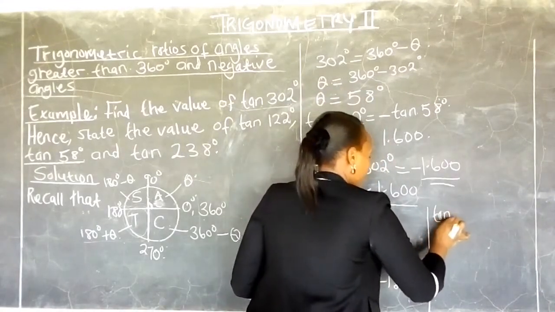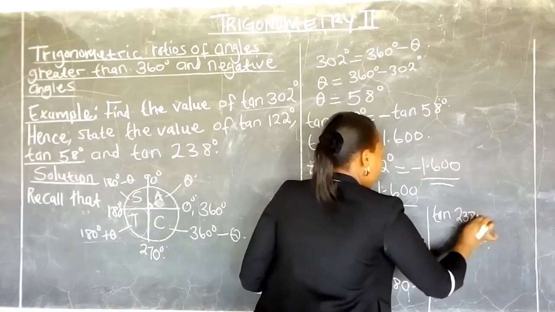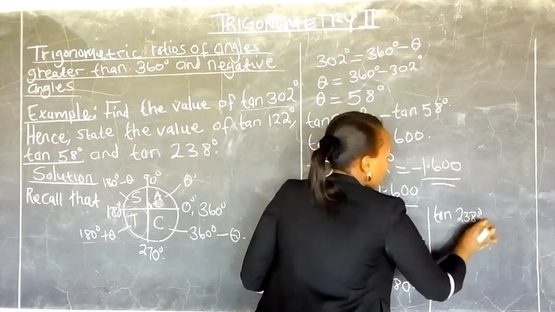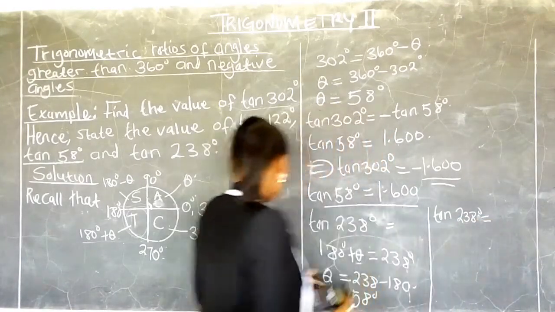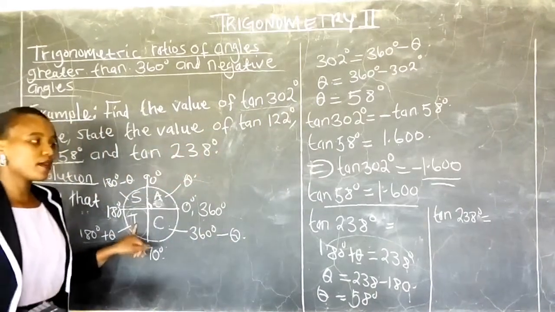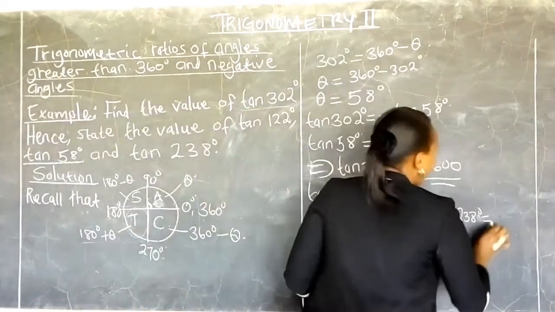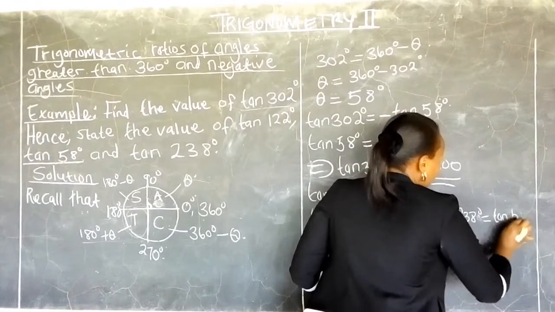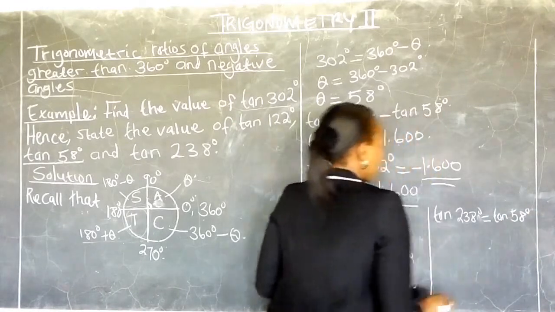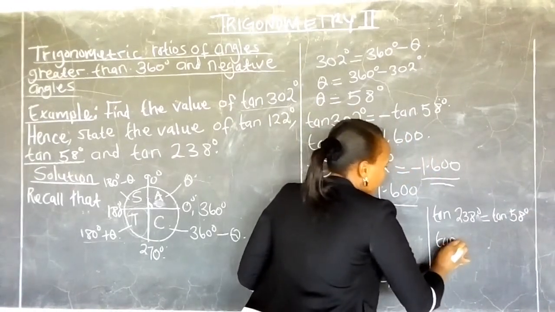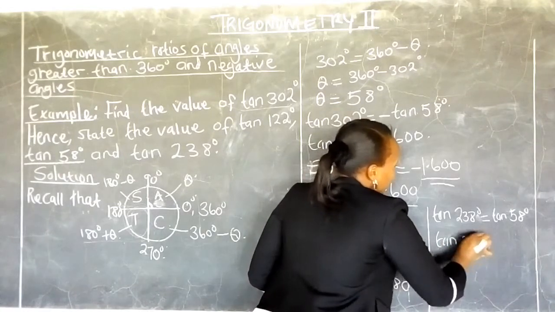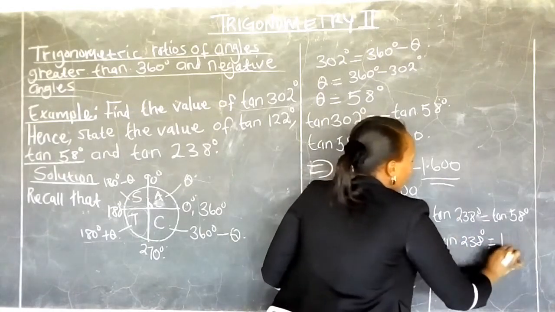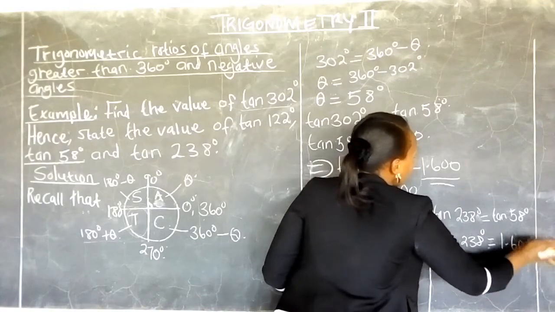Now, tan 238 degrees will be equivalent to, remember tan is positive over here, so it will be positive tan 58 degrees. Therefore, tan 238 degrees will be positive 1.600.